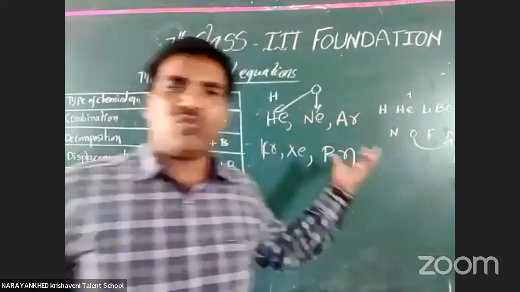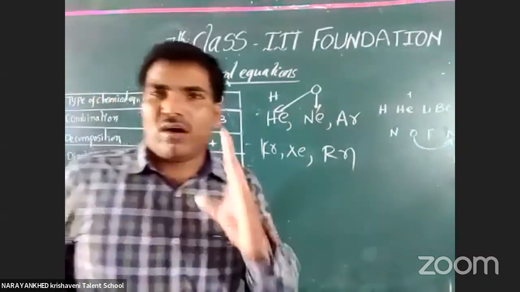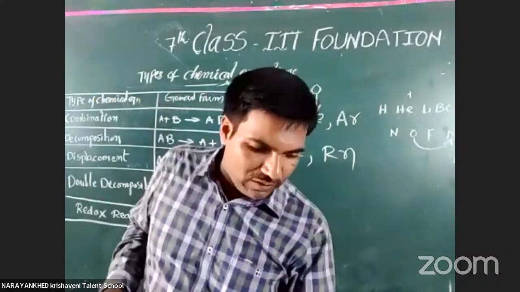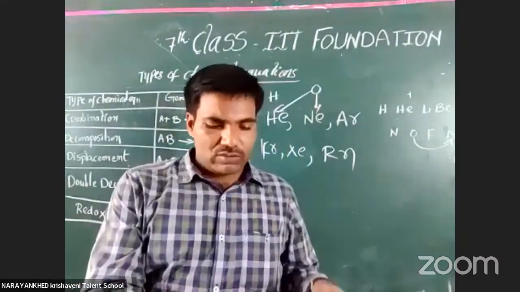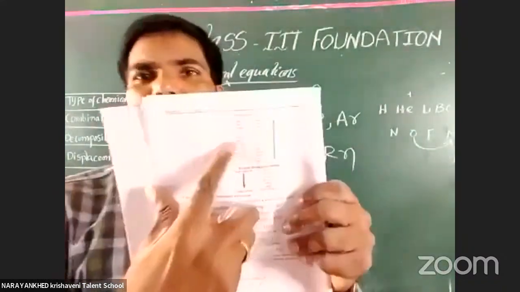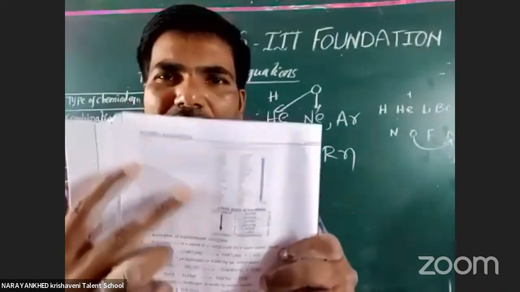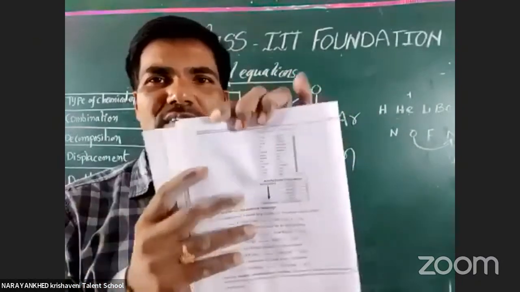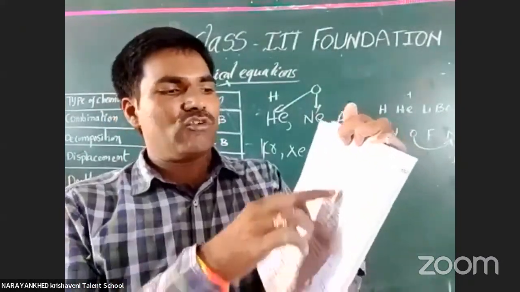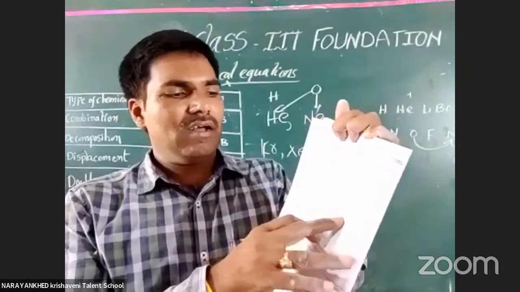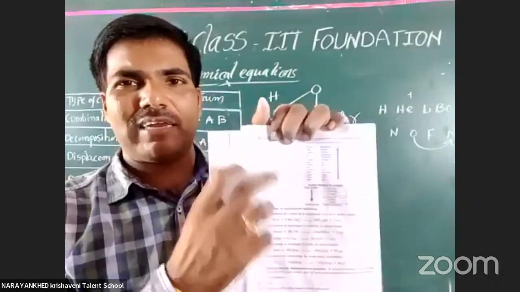Please note down this tabular format, which is on page number 14. We have a table there about the active nature of elements. Which one is the most active, and which one is the least active, for metals and non-metals are given here.